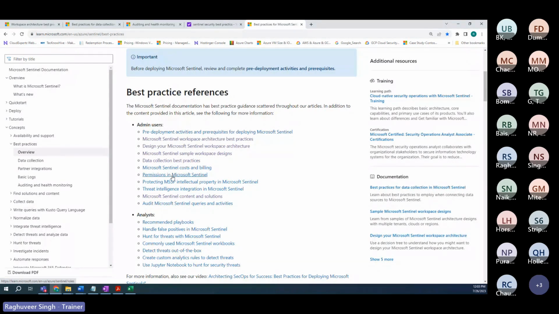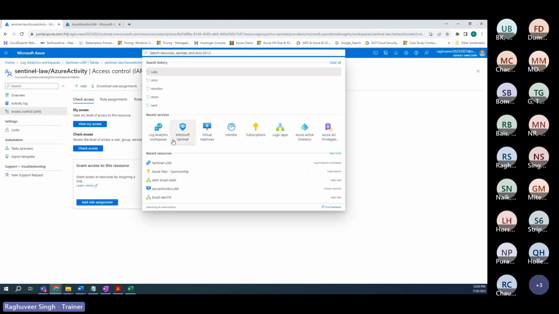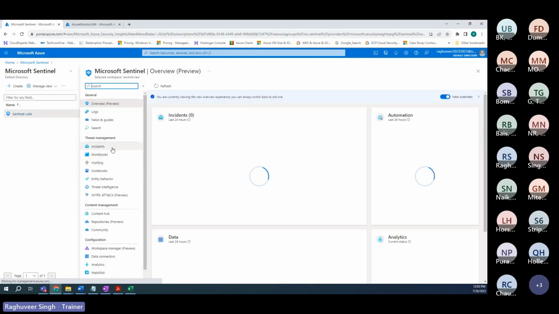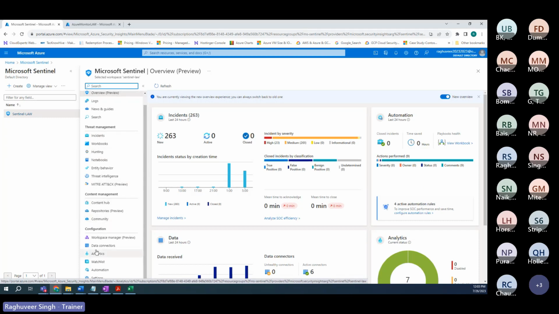Now comes the actual part, that from this moment onwards, I will need to understand the operational aspects of Sentinel, what these options are that I see in the console, and how I can work with them, which is more of an operational aspect. But you will need to look from admin eyes, because you are going to configure these solutions one after another.